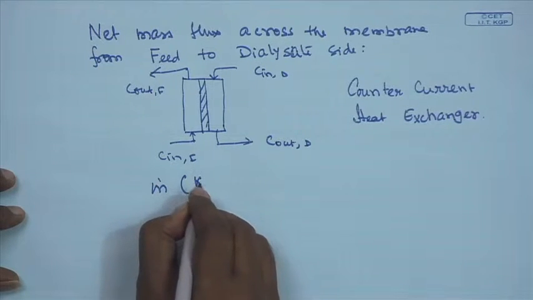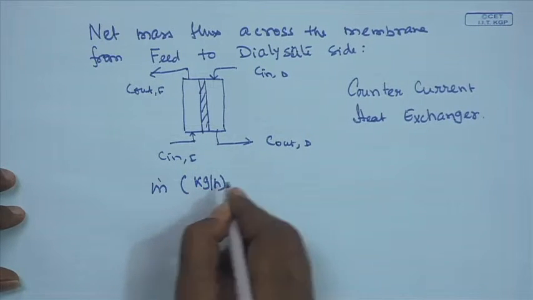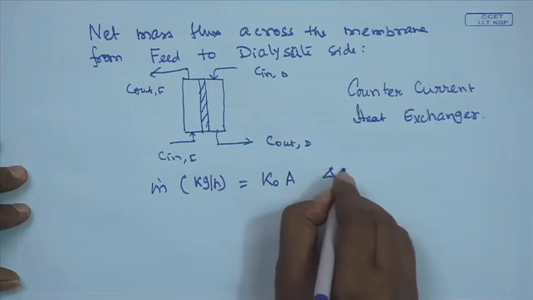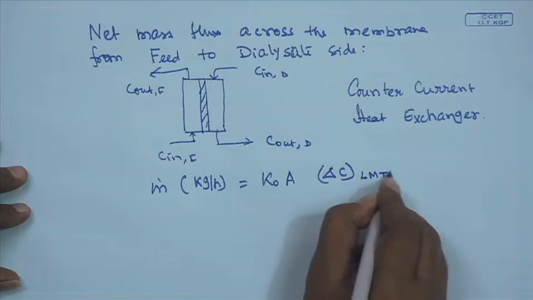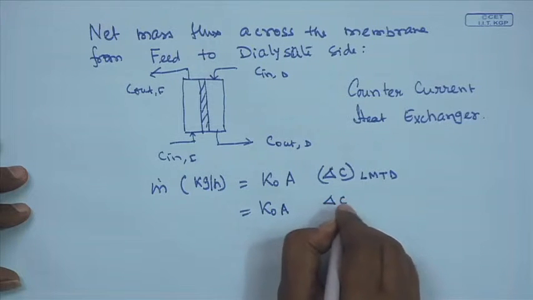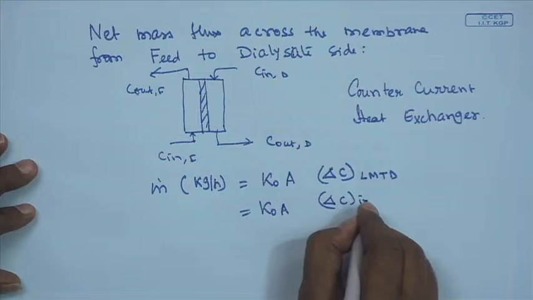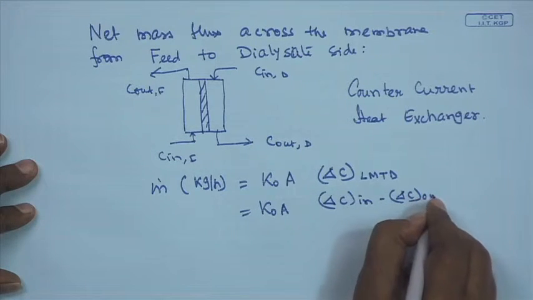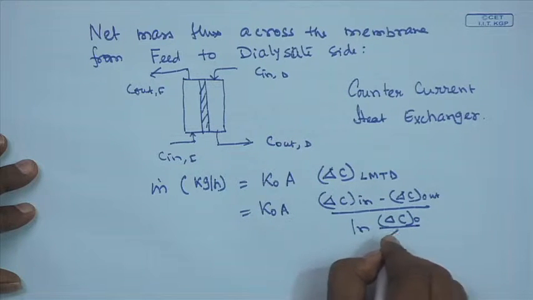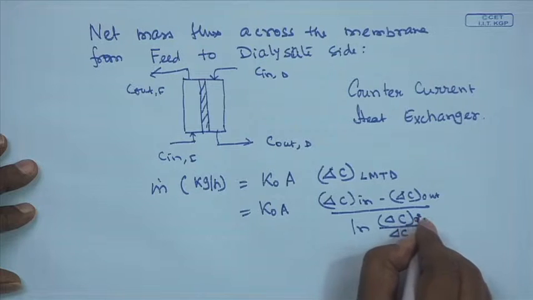Delta T log mean temperature difference can be replaced by delta C LMTD. So, we can write down the mass flow rate, kg per hour, as nothing but K0 A delta C LMTD. What is delta C LMTD? It is delta C in minus delta C out divided by ln of delta C in divided by delta C out.